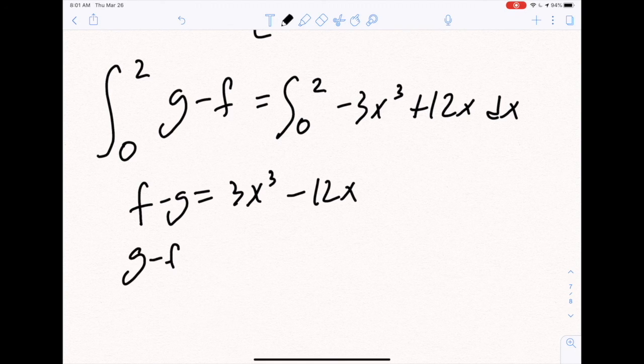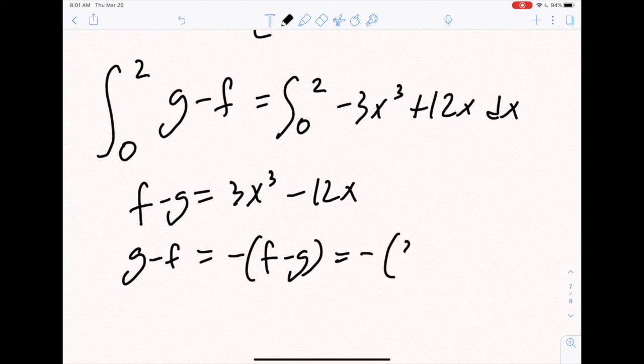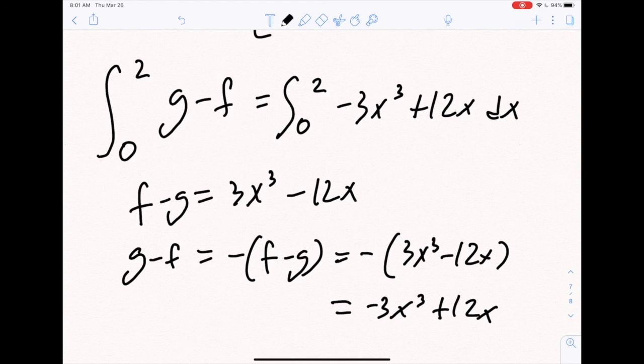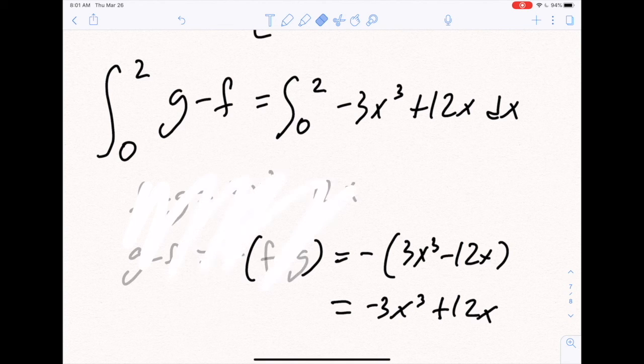And so g minus f, which is just negative f minus g, is going to be negative 3x cubed plus 12x. Okay? So let me go ahead and erase this and we can solve that integral.